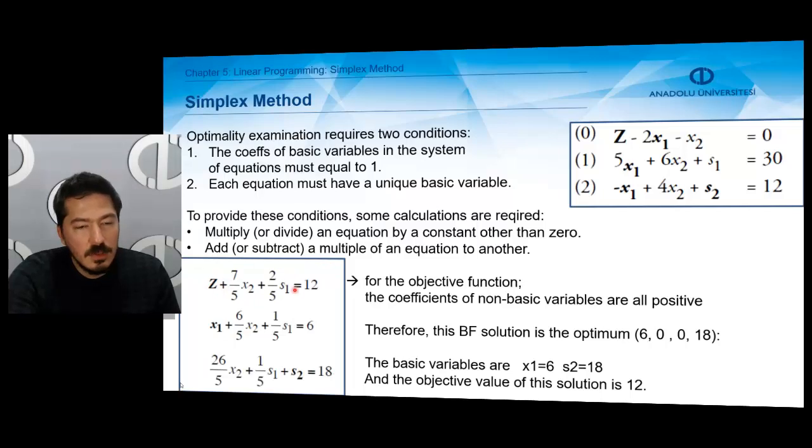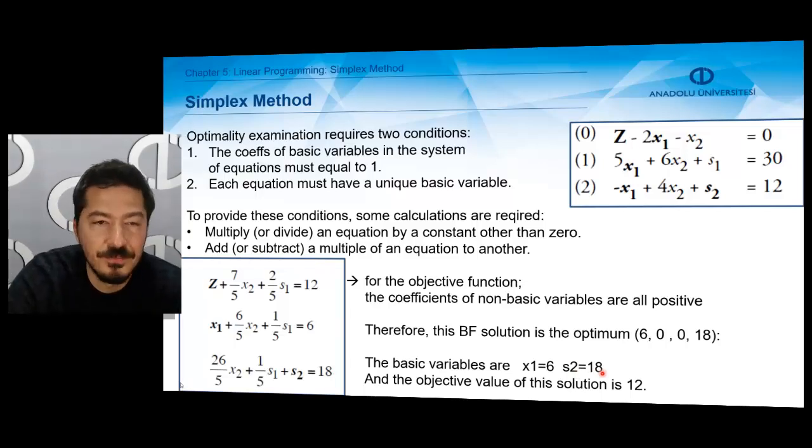Z equals 12, so the objective value of the solution is 12. In other words, in this decision we decide x1 to be 6 and we decide s2 to be 18, and the outcome of this decision will be 12.